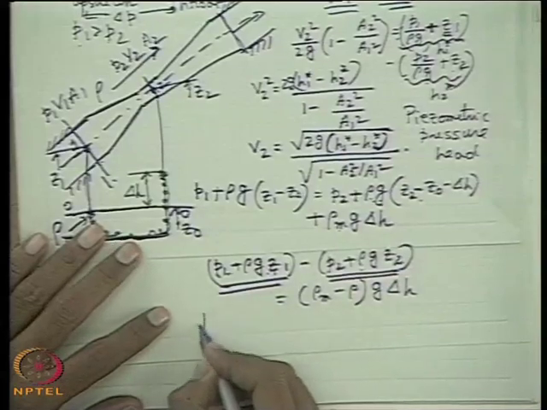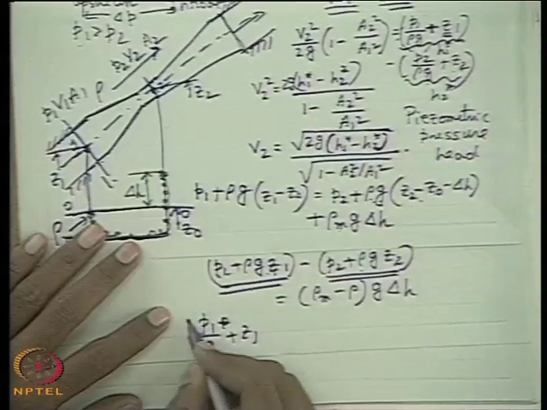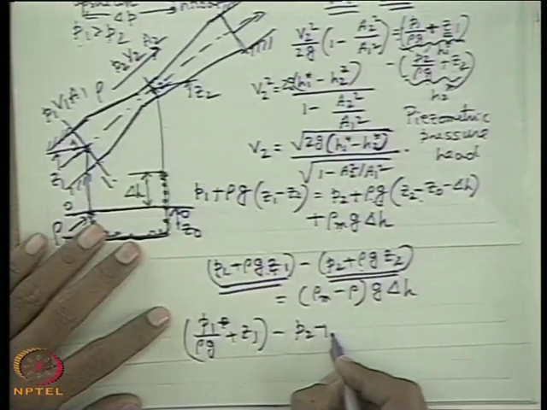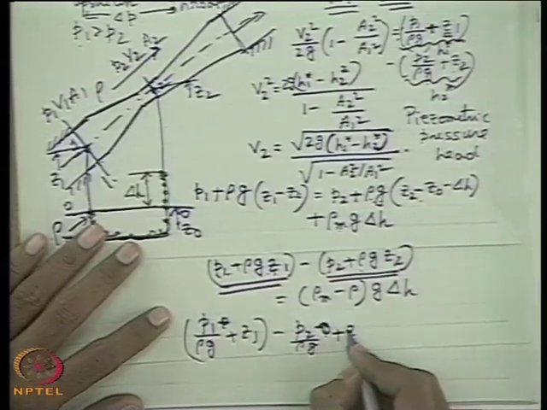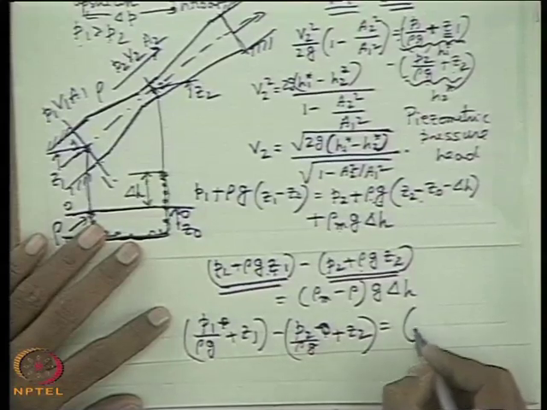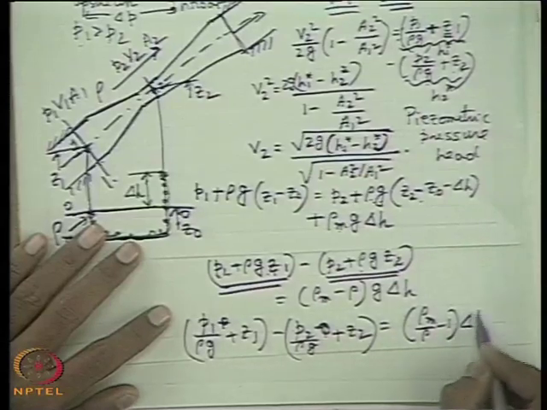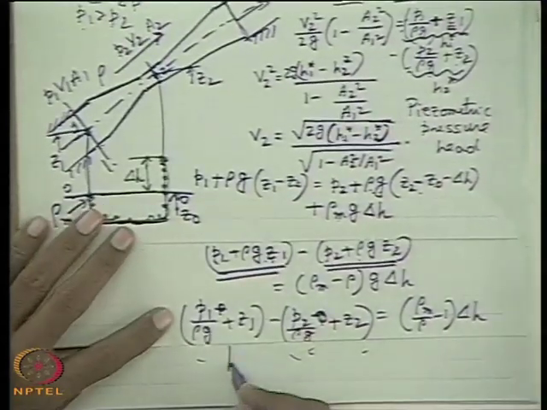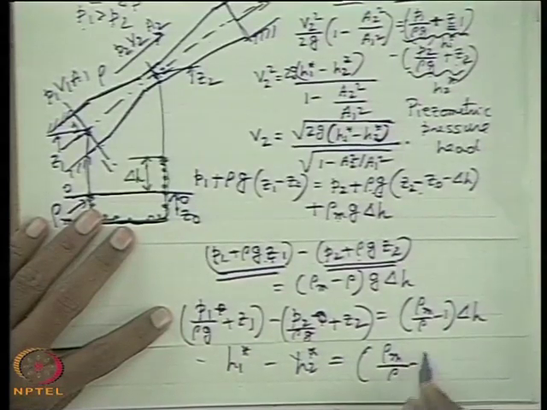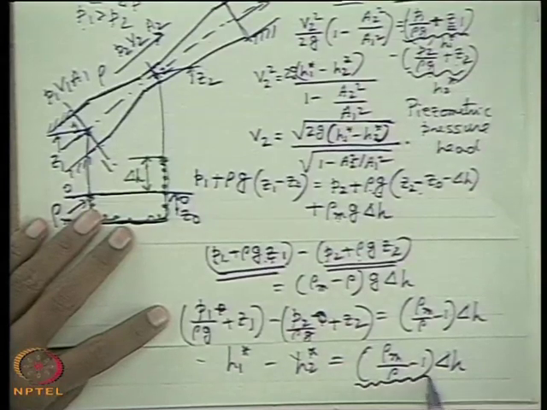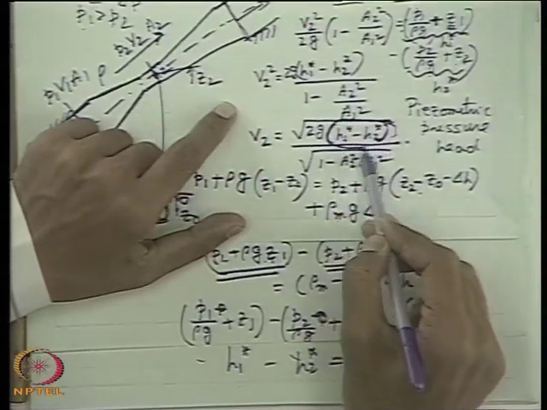So if you divide by rho g, in terms of head, P1 by rho g plus Z1 minus P2 by rho g plus Z2 is equal to (rho m by rho minus 1) delta H. This means the difference in piezometric pressure head is nothing but (rho m by rho minus 1) delta H. So this is ultimately replaced here for H1 star minus H2 star.